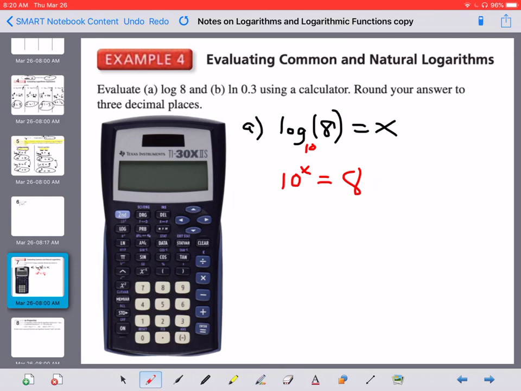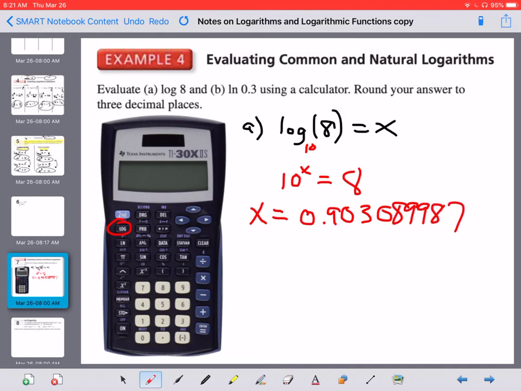The way you are going to do this in your calculator is by hitting the log button, hitting 8, closing the parenthesis, and then just hit equals. And you should end up with x equals, and I'll just write as many decimals that show up, 0.903089987.